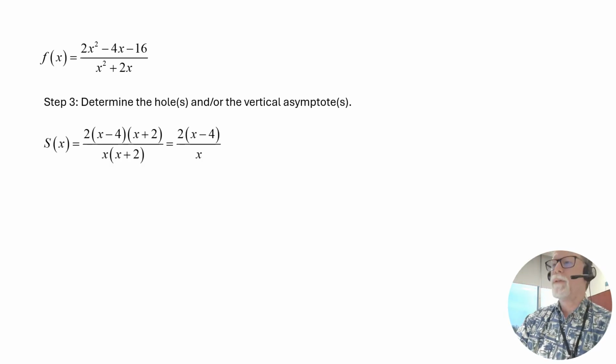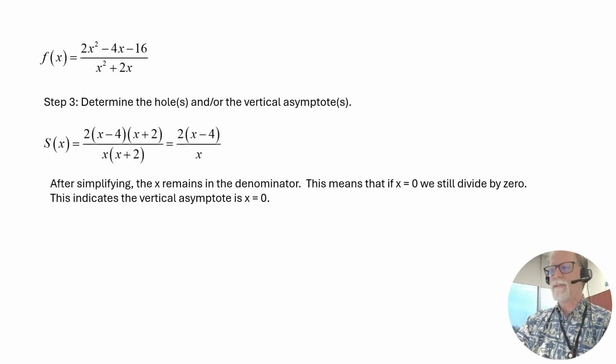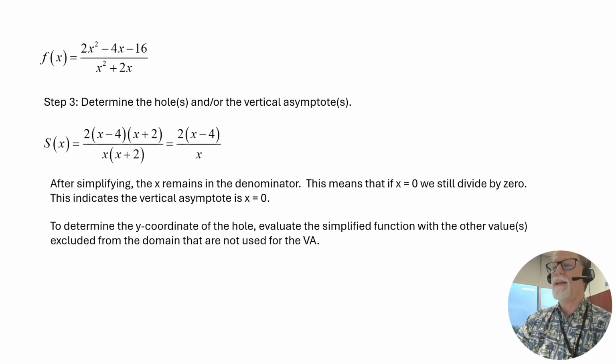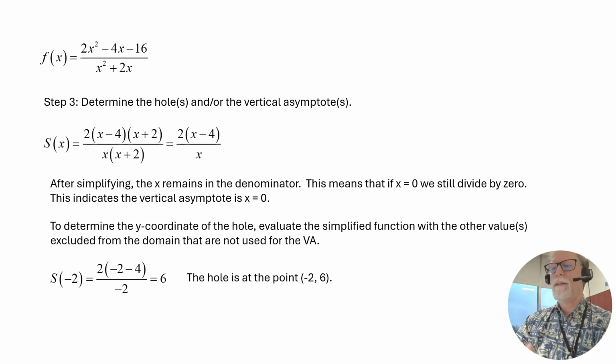And that's an important thing to remember. I can also see that when x equals 0, you still divide by 0. That's the vertical asymptote. So now I'm going to plug in the -2, the other value excluded from the domain, and that's going to get me the coordinates of the hole, like that. All righty.